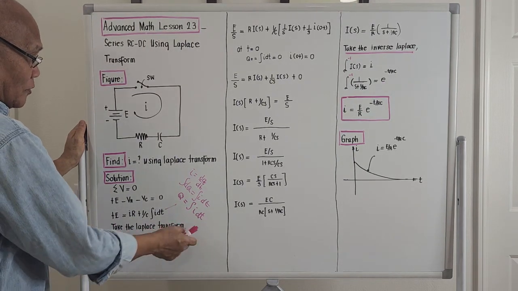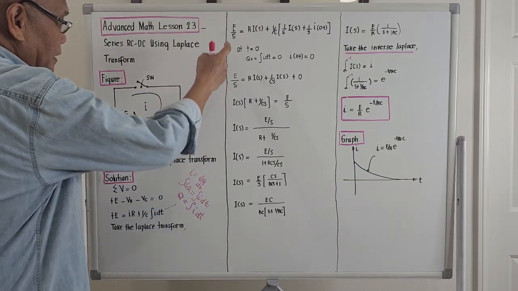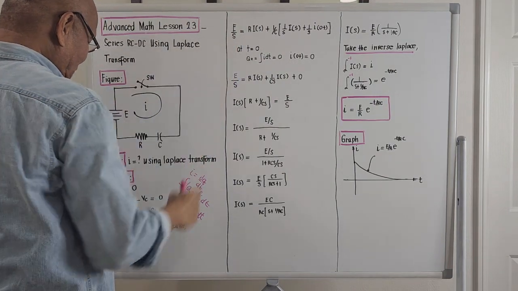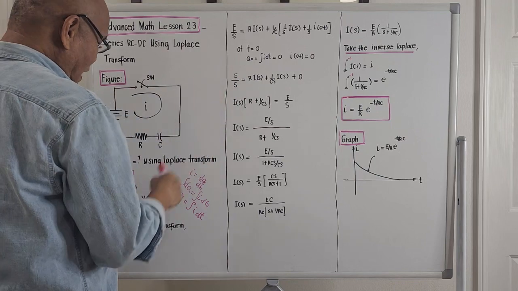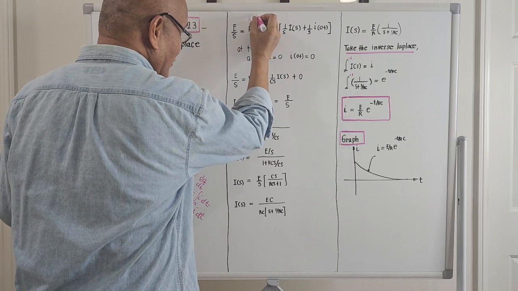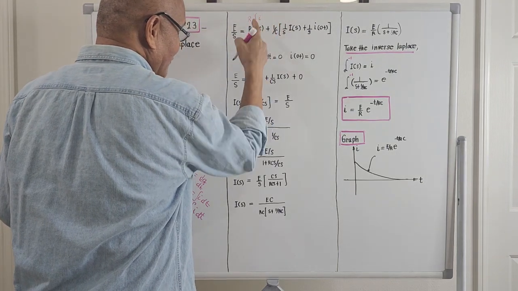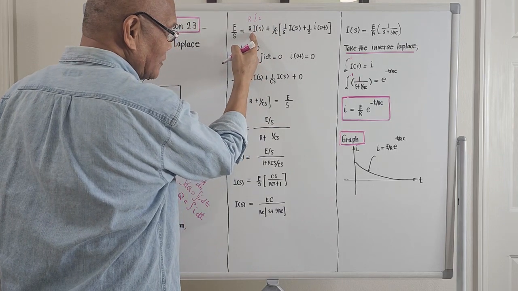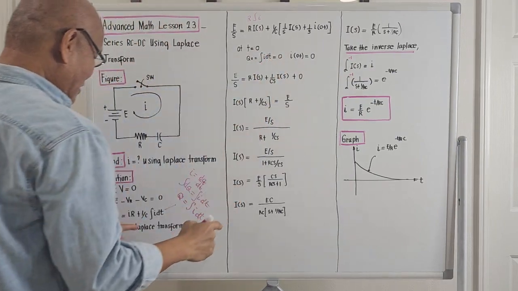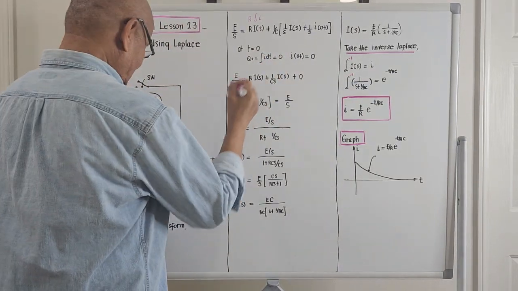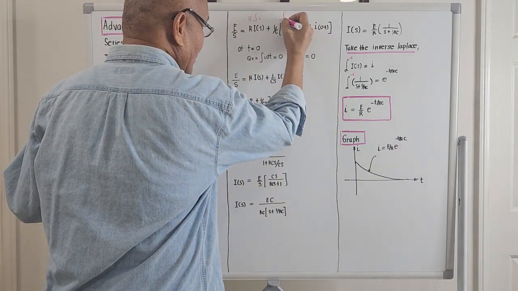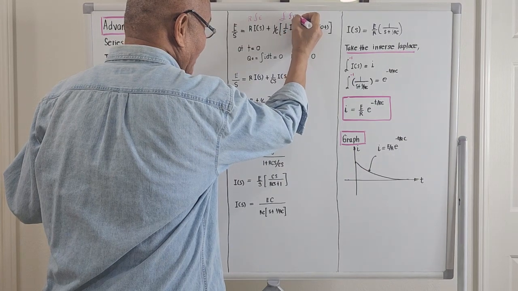Take the Laplace transform of both sides. E is a constant, so the Laplace transform is E over s. The Laplace transform of Ri is R times the Laplace transform of i, which is capital I as a function of s, plus 1 over C times the Laplace transform of the integral of i dt.